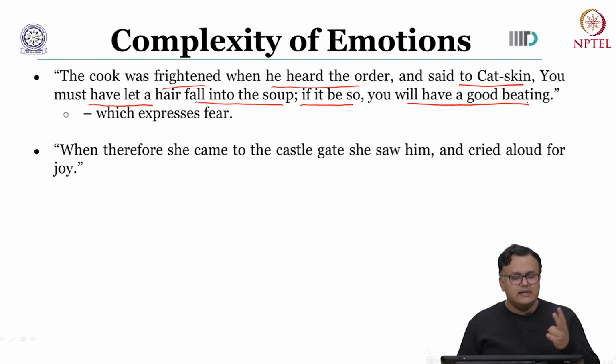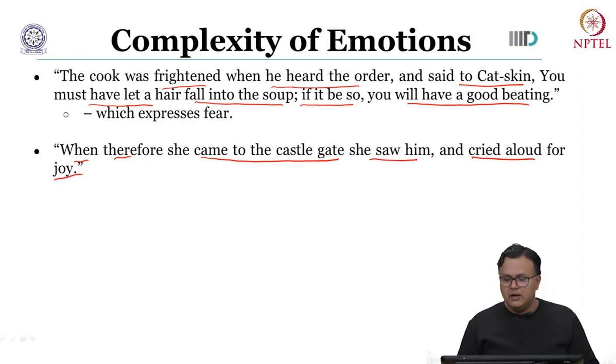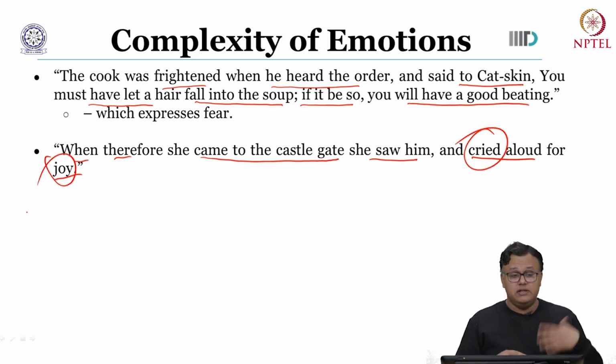Now let's look at the second example. The statement is, "When therefore she came to the castle gate, she saw him and cried aloud for joy." Now if you notice the content, you have the word cried, you have the word joy. Is it sad? Is it happy?